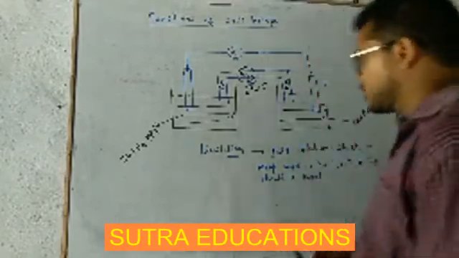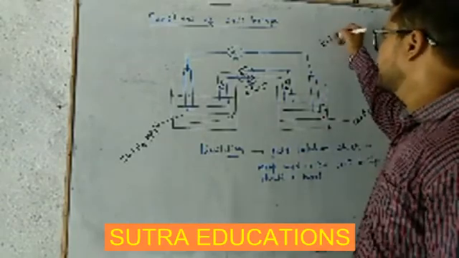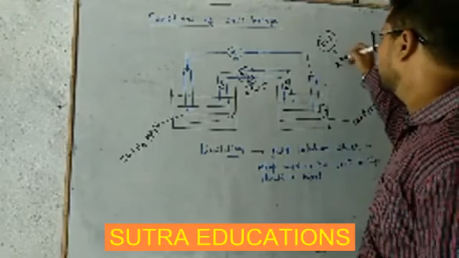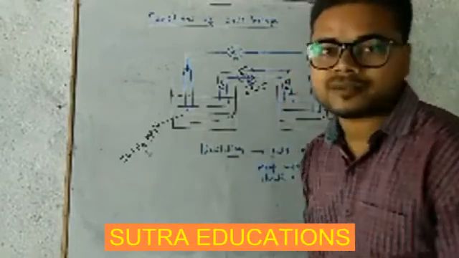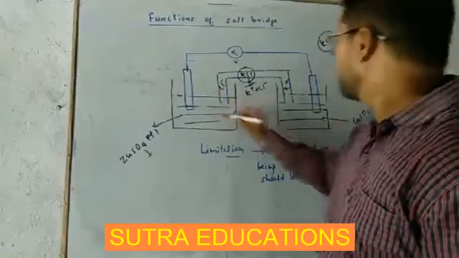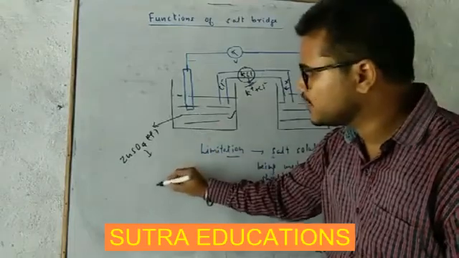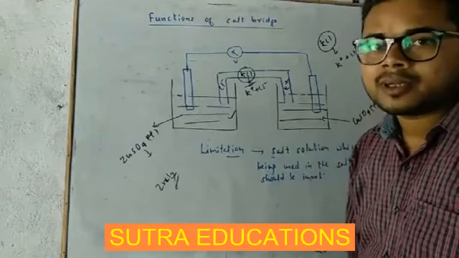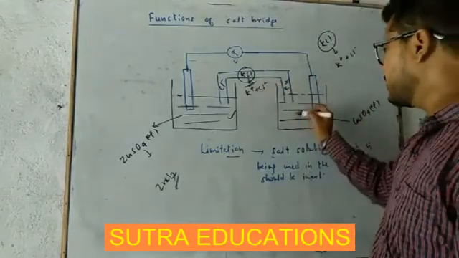Now you will be thinking, sir, KCl is not inert. Yes, it is not inert. KCl will break into K plus and Cl minus. Okay, and here it is ZnSO4, and probably this Cl minus will react with Zn to form ZnCl2, and this K is not going to react.